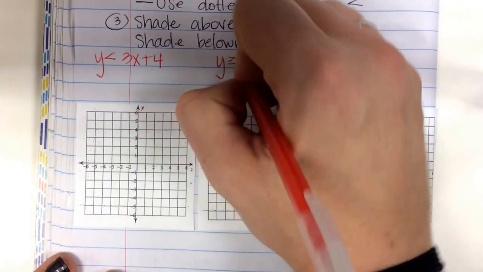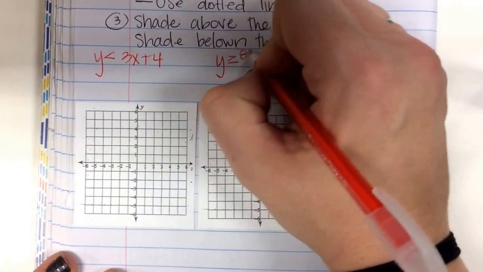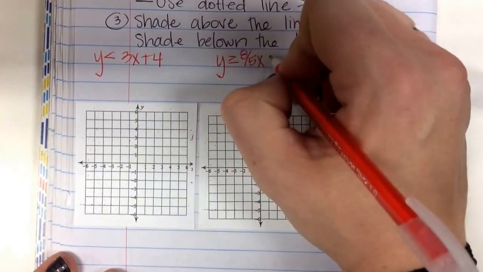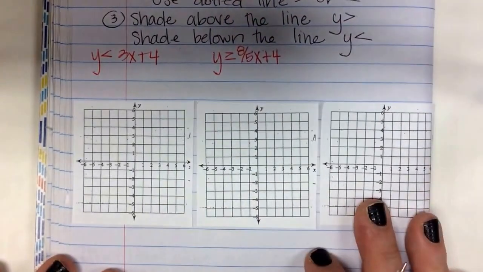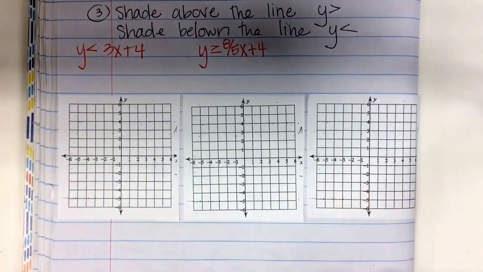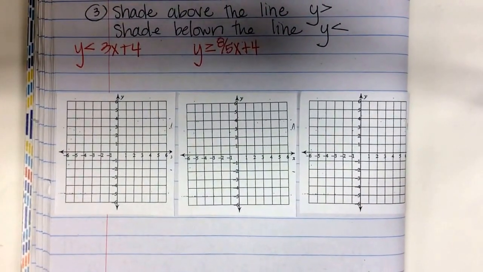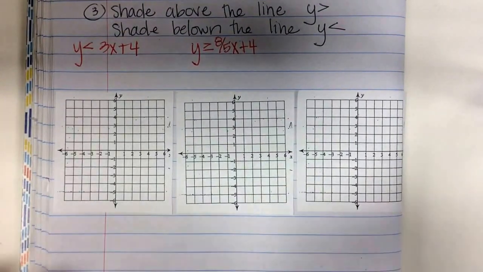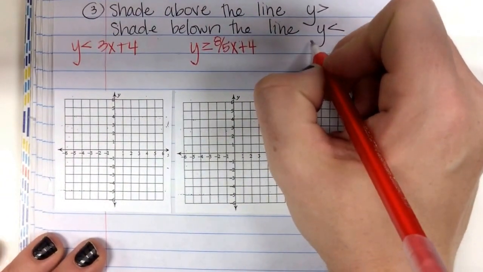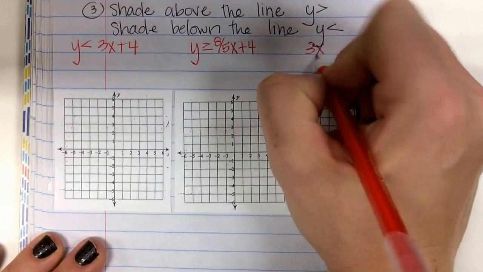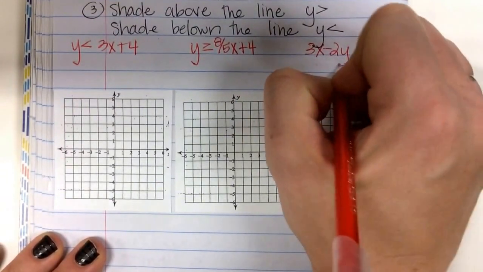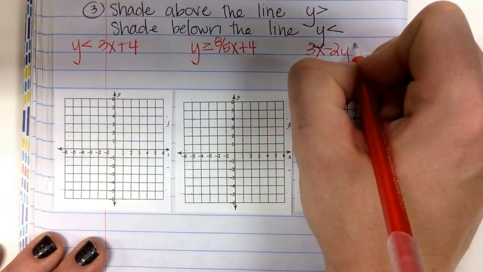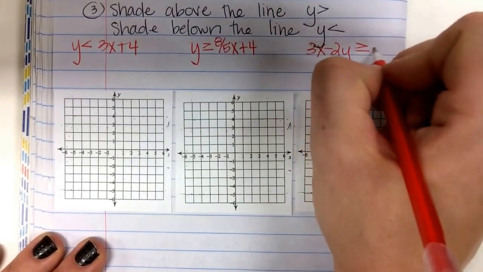Y is greater than or equal to 8/5 x plus 4. And let's do a hard one: 3x minus 2y is greater than or equal to -3.